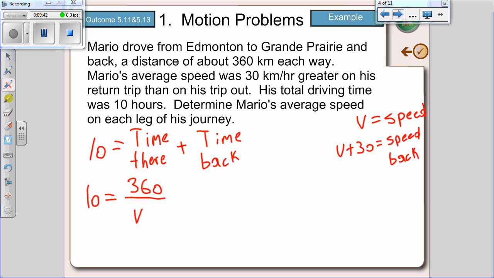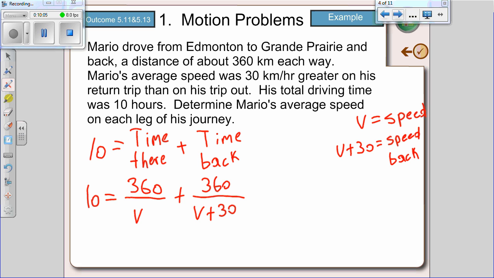Not quite, because you went faster on the way back. So the way back was still 360 kilometers, but it's divided by the speed plus 30 more kilometers an hour.